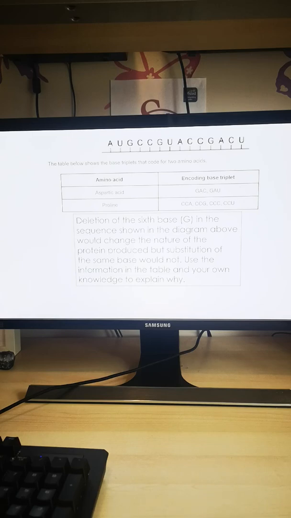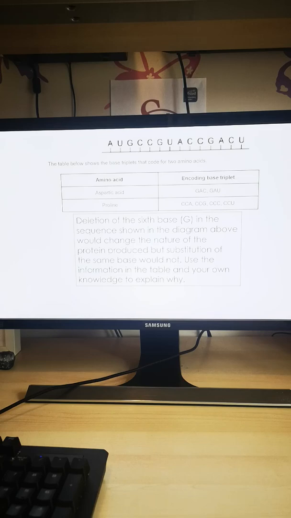So deletion of the sixth base, 1, 2, 3, 4, 5, 6, so deletion of this base here, G, in the diagram above, would change the nature of the protein produced, but substitution of the same base would not. You're going to have to write your answer down for this. Use the information in the table and your knowledge to explain why.